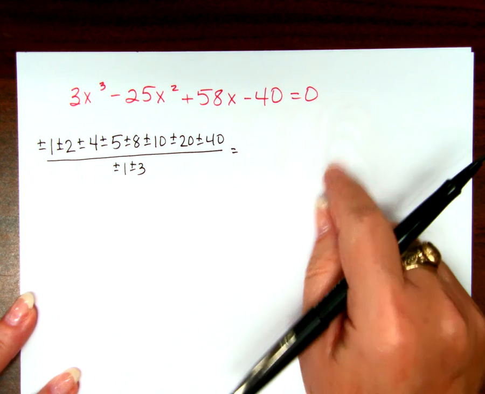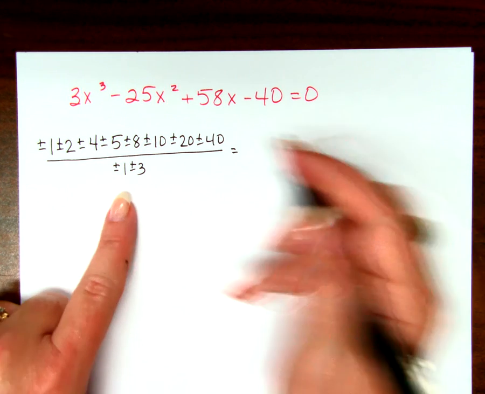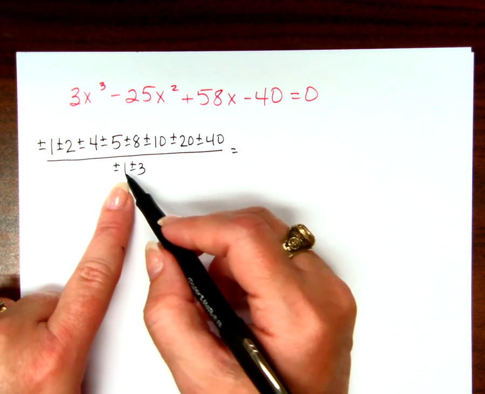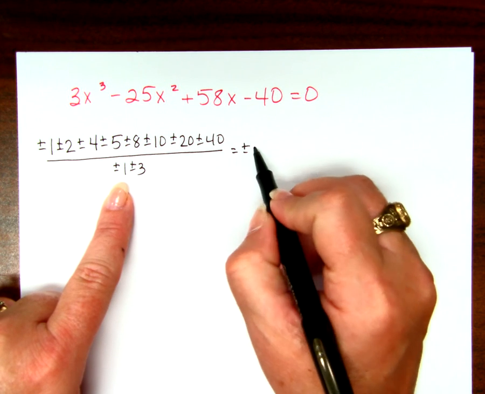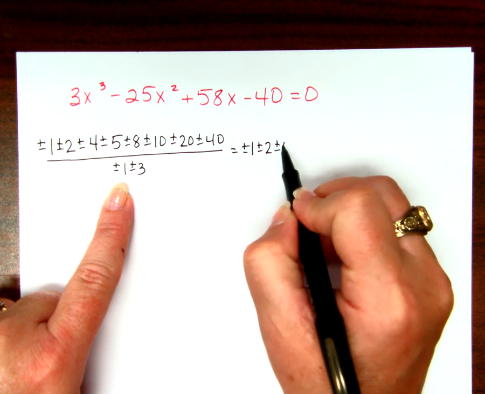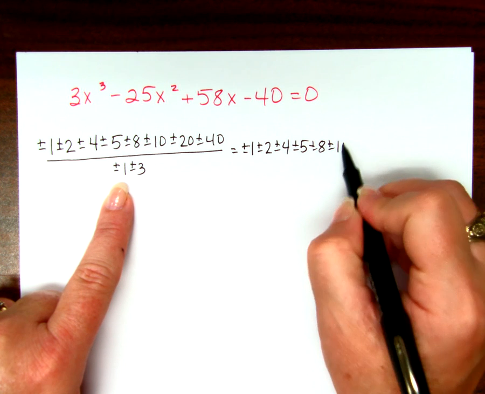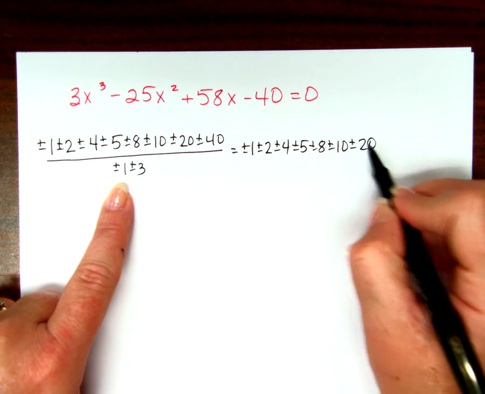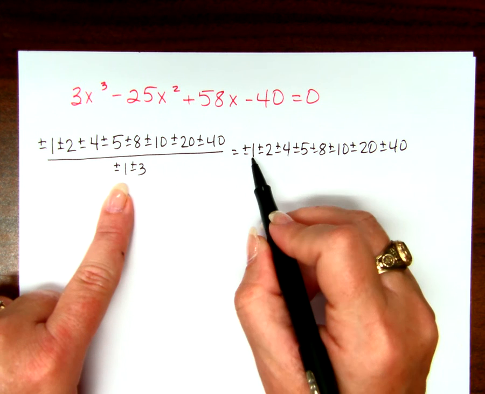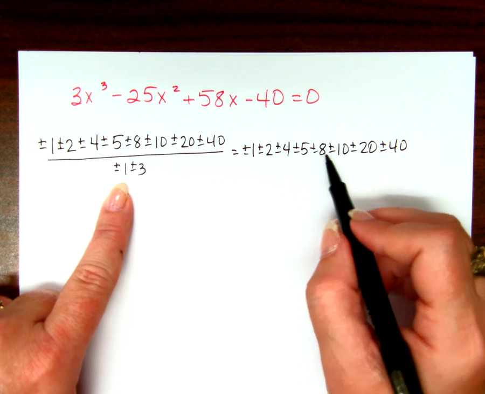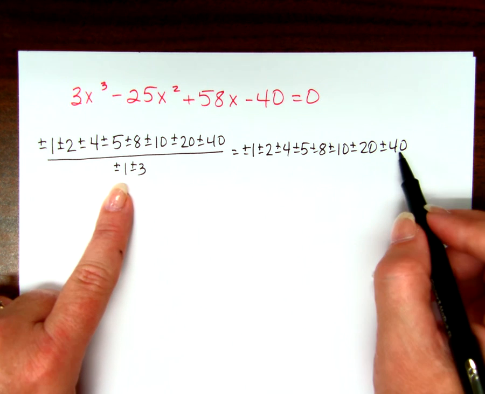So this is already different this time, isn't it? Everything in the numerator divided by 1 is just everything in the numerator, right? So plus or minus 1, 2, 4, 5, 8, 10, 20, and 40.